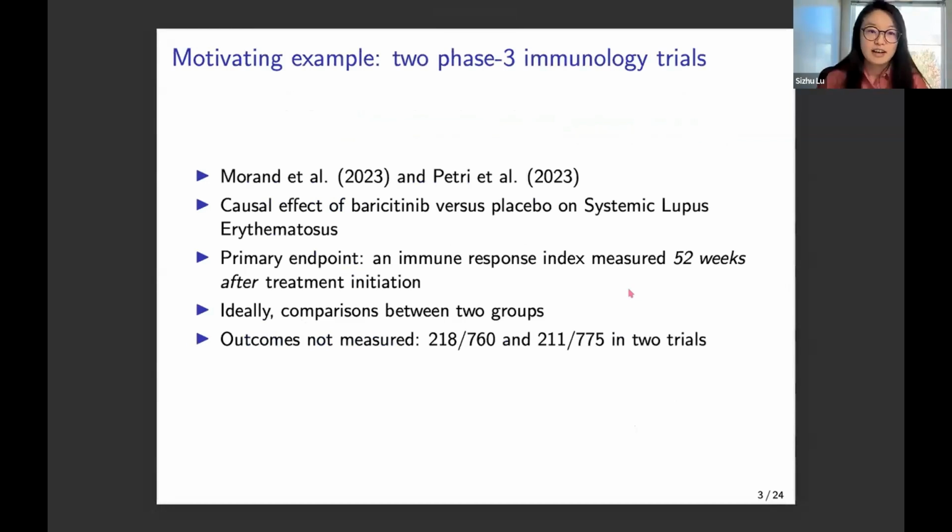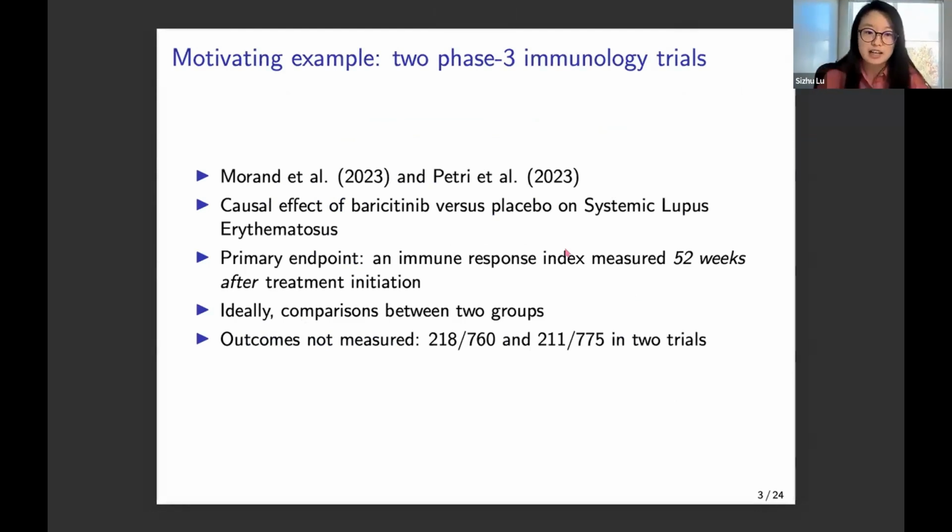As a motivating example, in the Moran paper and the Patriot paper, they talked about two phase 3 immunology trials where we are targeting to learn the causal effect of baricitinib versus placebo on a disease, systemic lupus erythematosus. The primary endpoint was an immune response index measured 52 weeks after the treatment initiation.